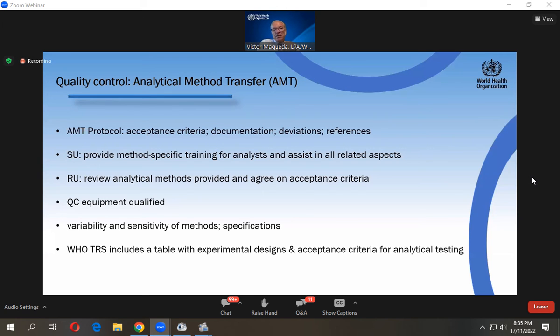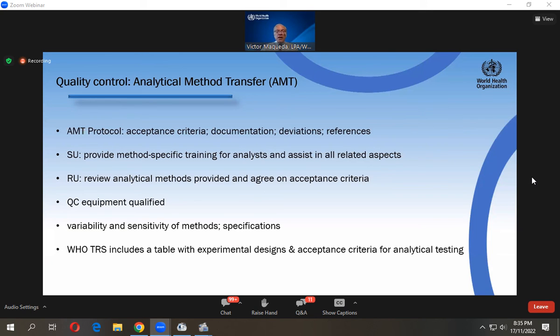I would say that this second bullet regarding the training is one of the key aspects of the analytical transfer, as it was probably for the manufacturing part. So this communication and this planning of the training between the sending unit and all the resources involved are critical.